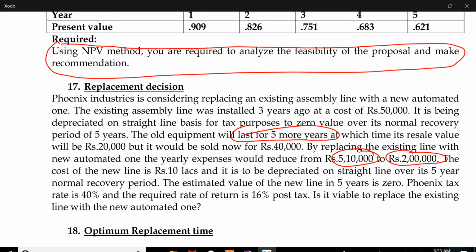Next point. We will have to compute the cash flows in step 1, 2 and 3.